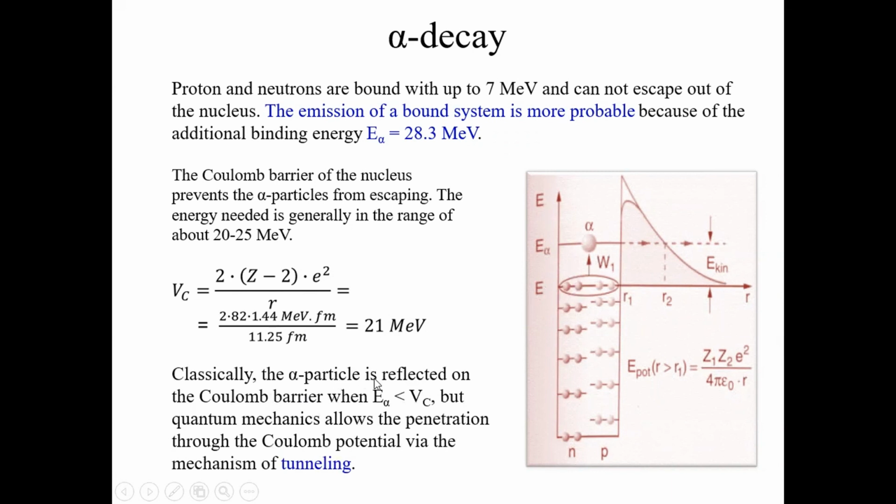So classically, the alpha particle is reflected back from the Coulomb barrier if the energy of the alpha particle is less than this height, and will remain within this confinement. However, quantum mechanics says that penetration through this Coulomb barrier is possible through tunneling, and it will eventually penetrate out and come out.